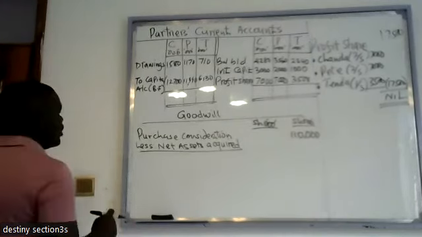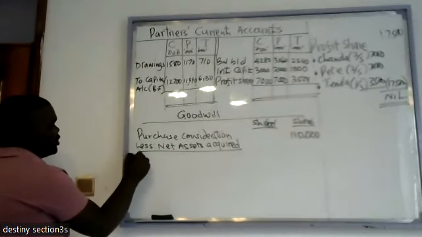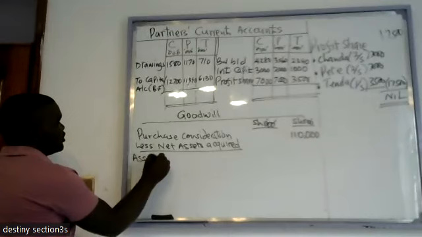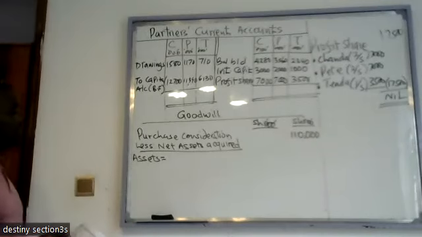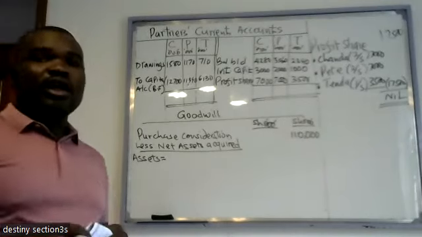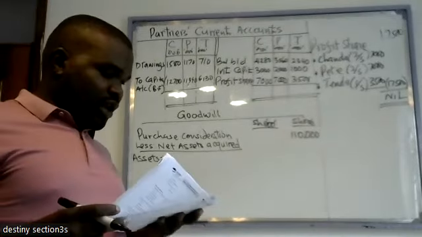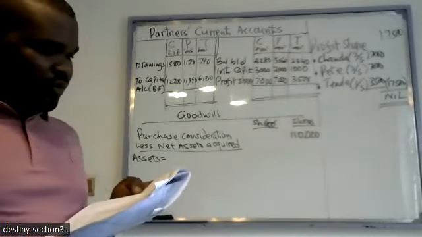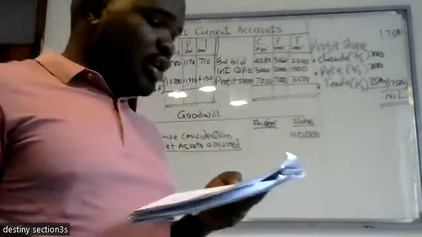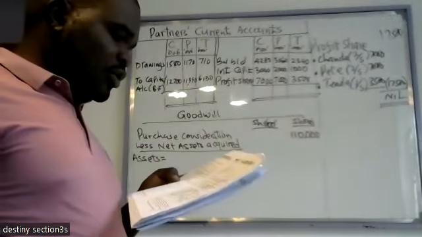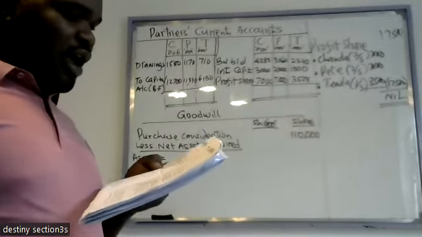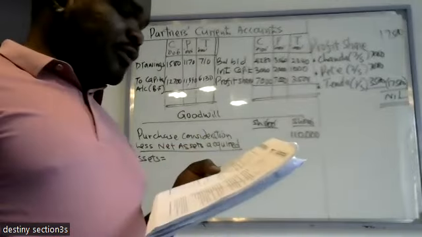So assets acquired, let's add all the assets acquired by this company at taken over value. Check note 3. The tangible and current assets were to be transferred to the new company at their fair values as follows.